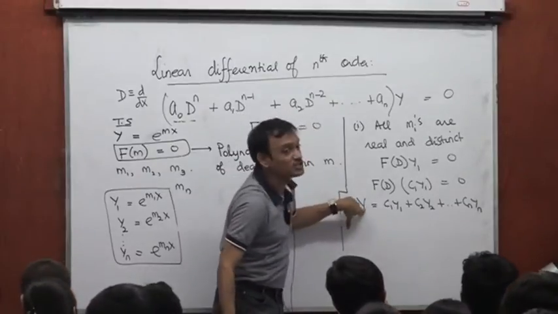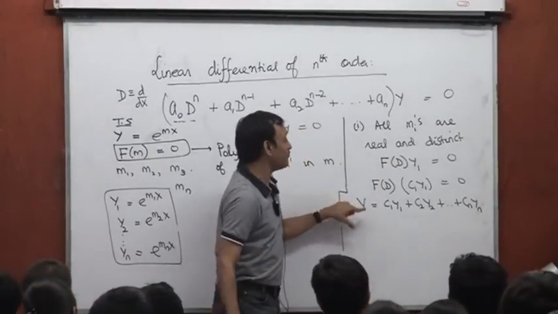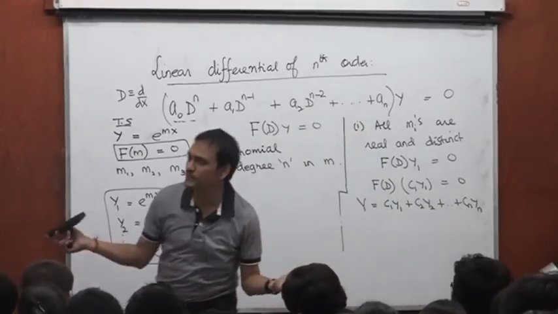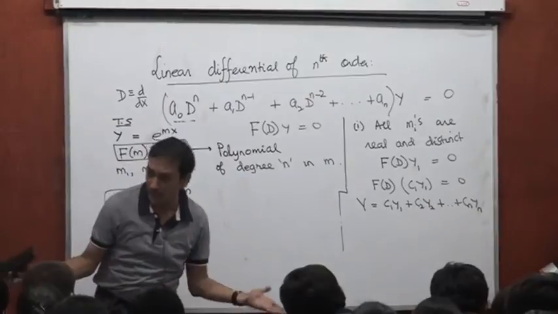How would you know if this y is a solution to this differential equation? If fd operates on y and it vanishes, then this y must be a solution. Clear?